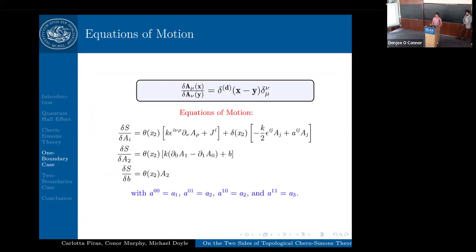So we come to deriving our equations of motion, which are shown here. Noticeably, the bottom equation here is just fixing our gauge. And we will also note here that Aij is just a compact notation for our dimensionless coefficients in our boundary term beforehand.